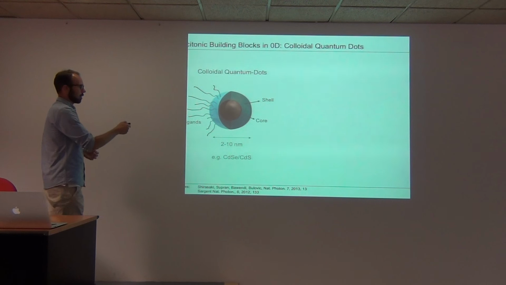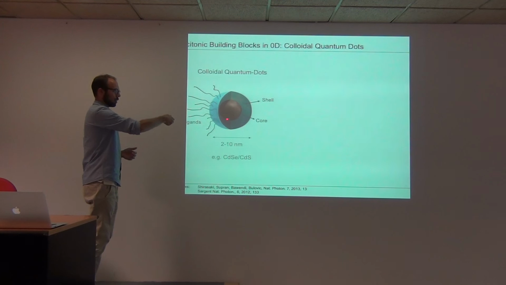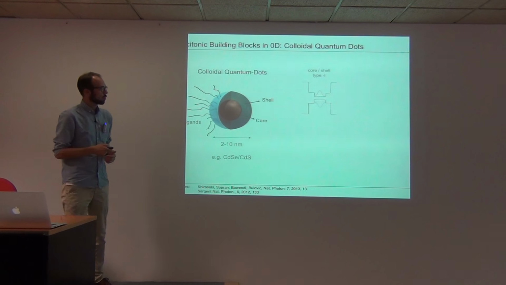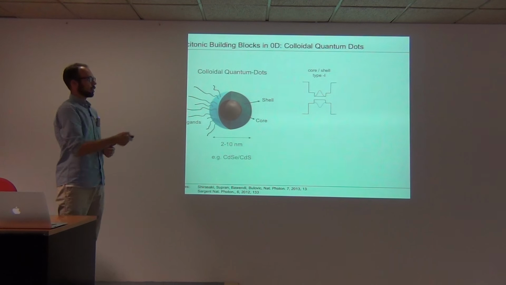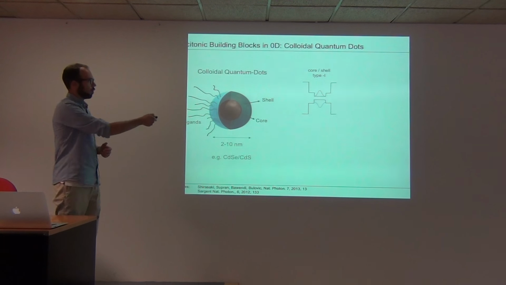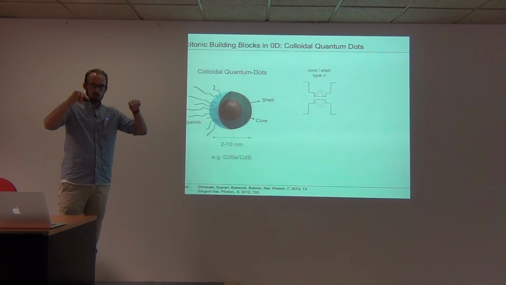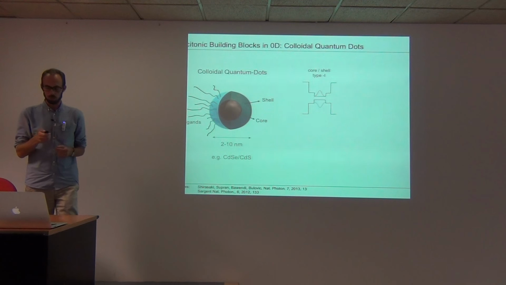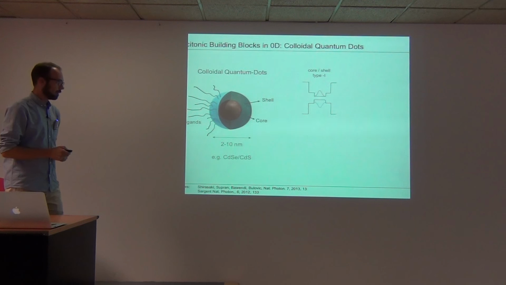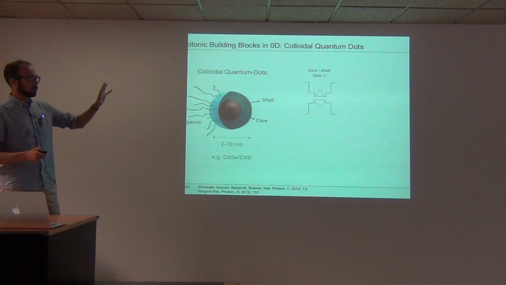And this is to basically protect the exciton that is residing in the core. So what this looks like is your typical core-shell type 1 band alignment, where your exciton, so your electron and your hole wave function, is in the core, and this steep shell band edge is giving you control over the confinement. This is your typical system, but you can play with this.